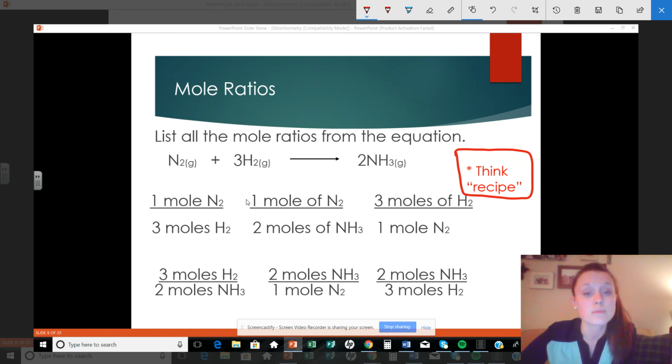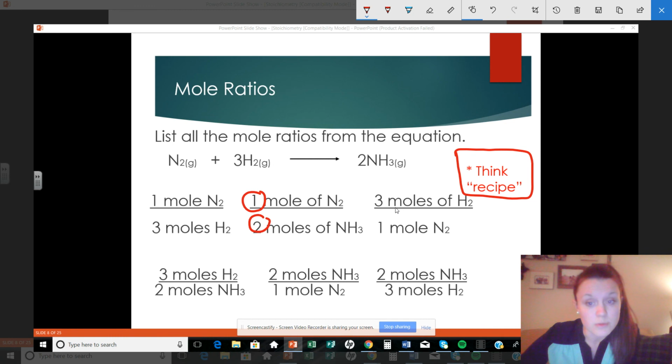The next molar ratio you can create using nitrogen would be that for every 1 mole of nitrogen that reacts, you will get 2 moles of ammonia. Okay? So that's 2 out of your 6 possible molar ratios.